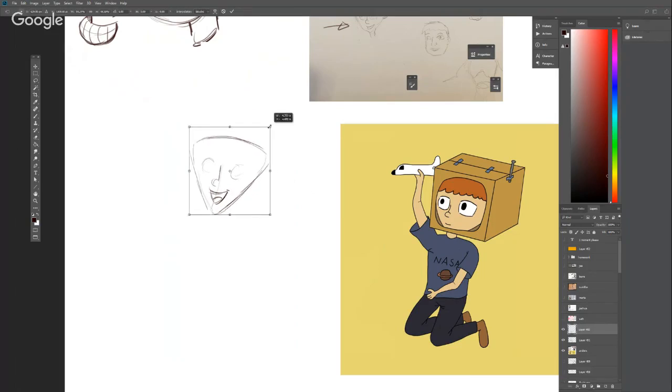Maybe start it. How would I draw this pose? You could also actually try to draw this character like this. He doesn't have a neck. Let's stick to your design.